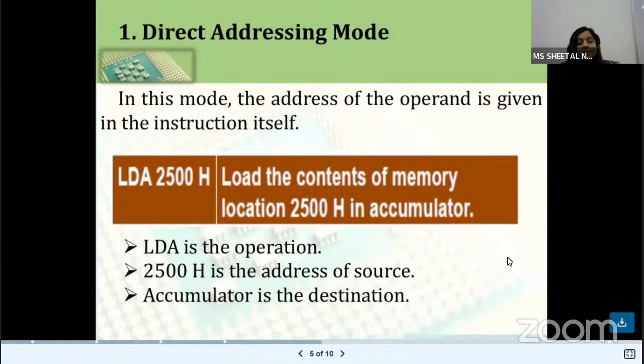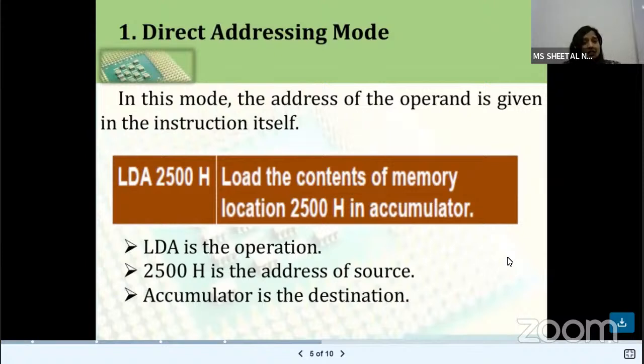With the help of LDA, the accumulator is loaded directly with the contents of memory location 2500H. It may be anything, 04, 05, whatever we have to use in our program. But what we are focused on here is direct addressing mode, which means in this instruction we directly point to a memory location, right?